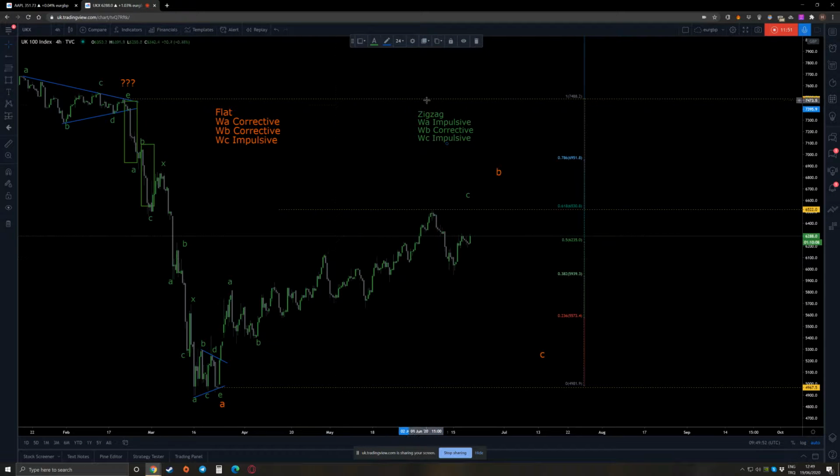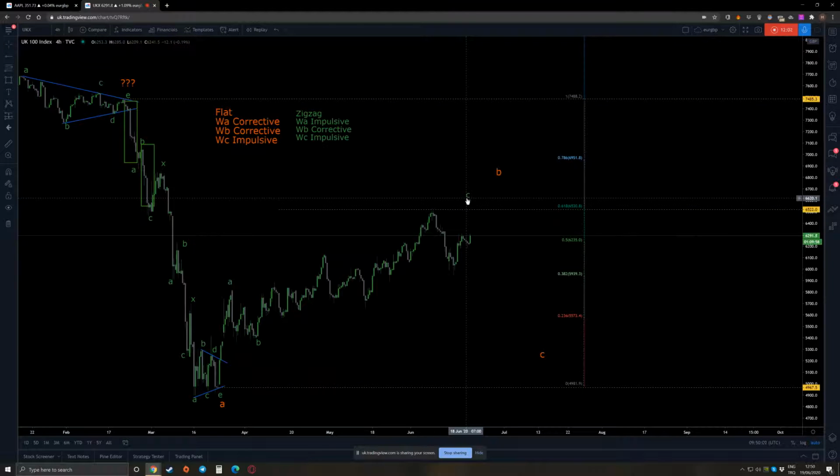Now, but in a zigzag, the impulsive move on the C wave can actually be a terminal move. When you say a terminal impulsive move, it means that you still have a 1, 2, 3, 4, 5, but all of the waves are actually corrective rather than being impulsive.